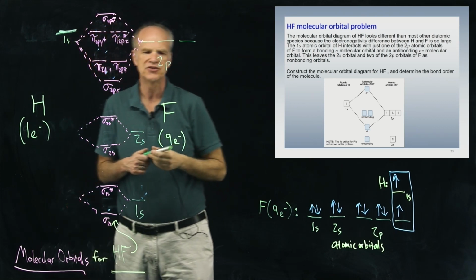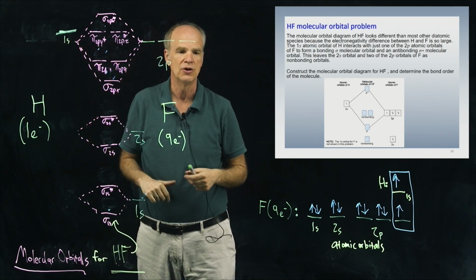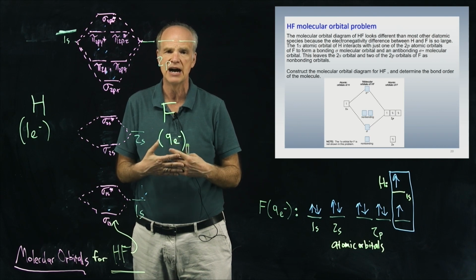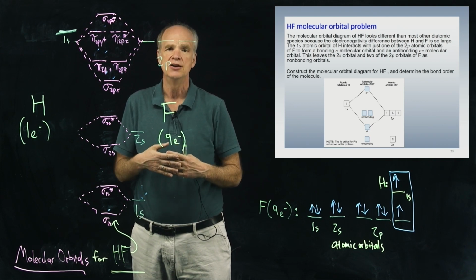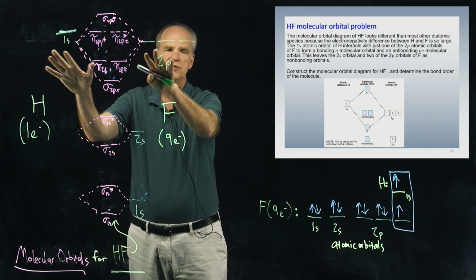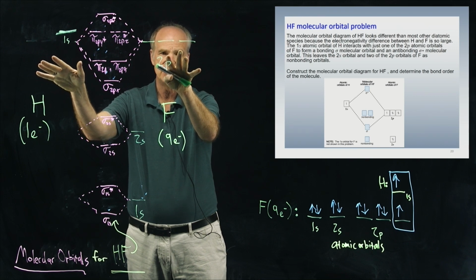You might ask why I put the 1s orbital a little bit higher than normal. The reason is that with molecular orbital theory, when you're writing out diagrams, if you have 2 atoms of the same electronegativity, they put the atomic orbitals at the same level because they're at the same energy.